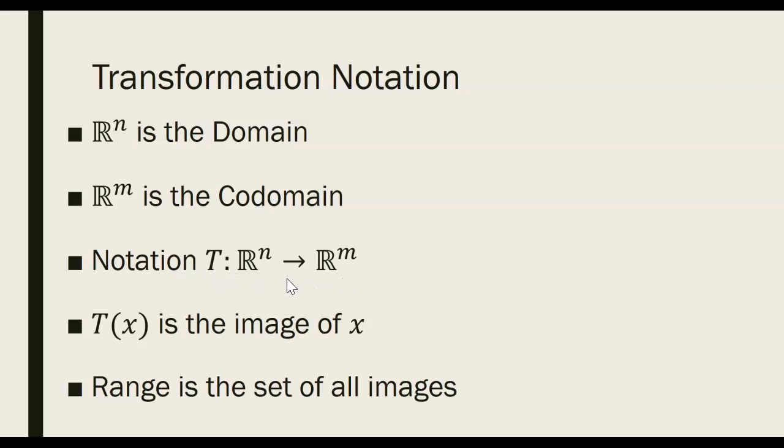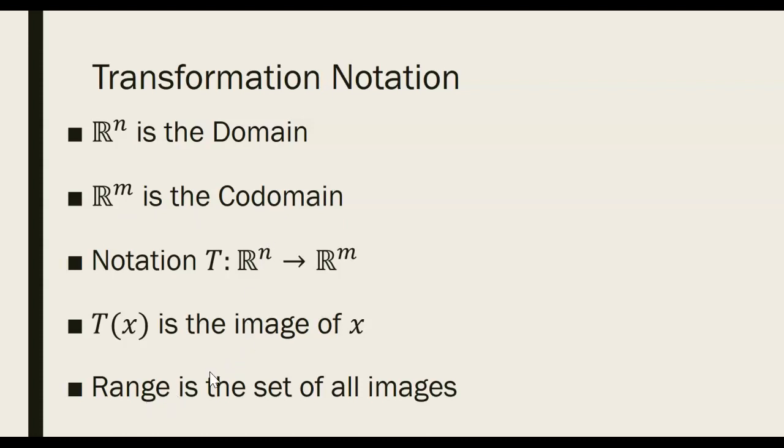This is the shorthand way of writing it, this middle thing. We say T takes input vectors, which have n entries, and gives you out output vectors, which have m entries. The input vectors are called the domain. The output vectors are called the codomain.